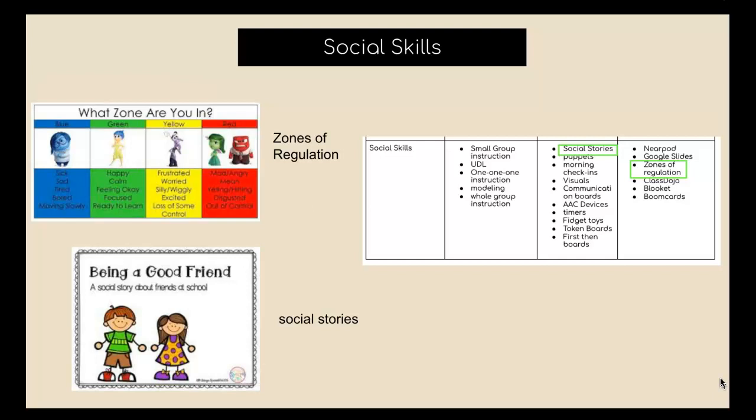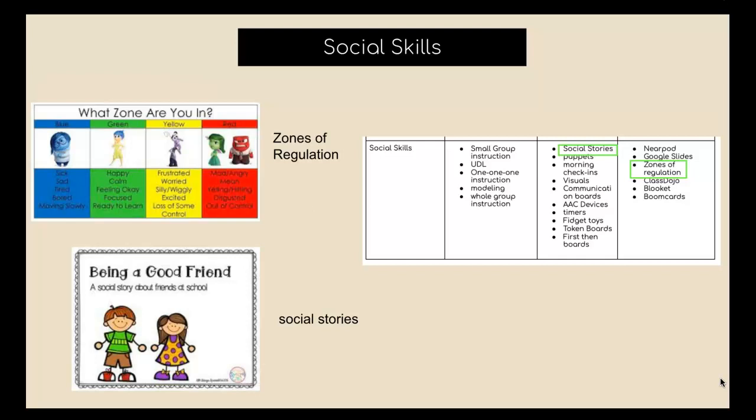For social skills, I do Zones of Regulation, and I do these in the morning. I'll have them check in during our morning circle, and I'll have each one of them come up and circle what zone they're in that morning. And I think it's been working.